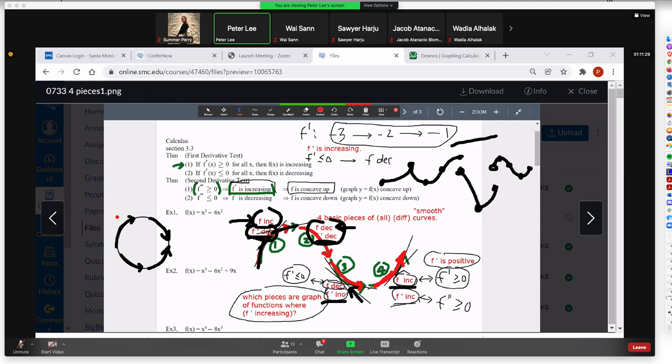Now we are going to complete the chart. Here I'm going to put x, and then here I'm going to write f. In the third row, I'm going to put f prime, and then f double prime.